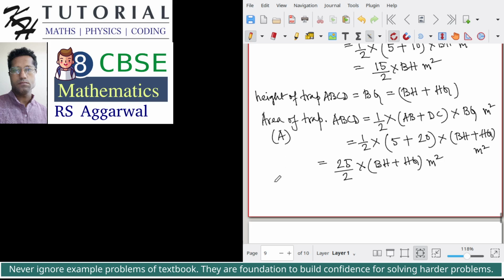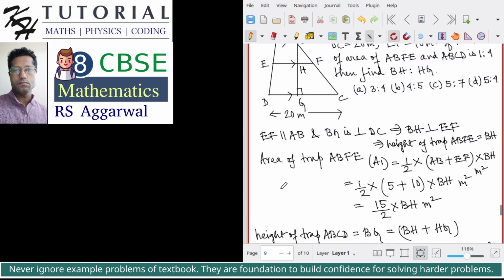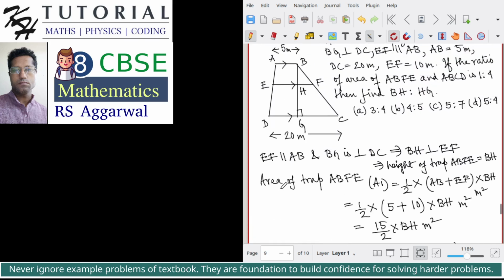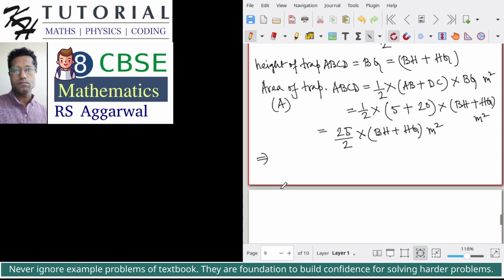Now it is given that the ratio of the area of the trapezium ABFE and ABCD is 1:4. So A1 by A is equal to 1/4.